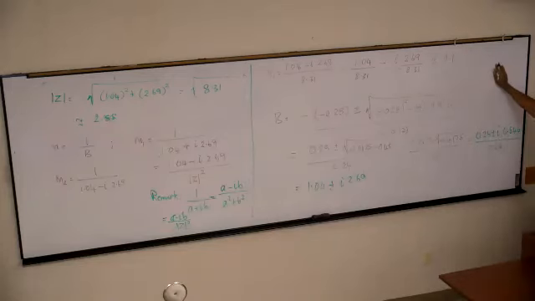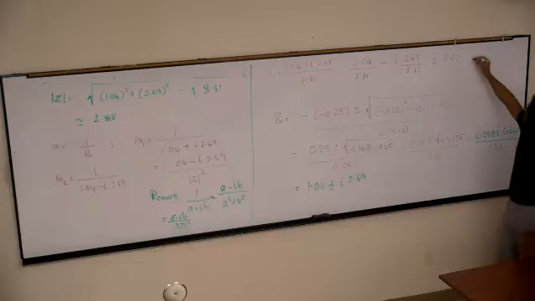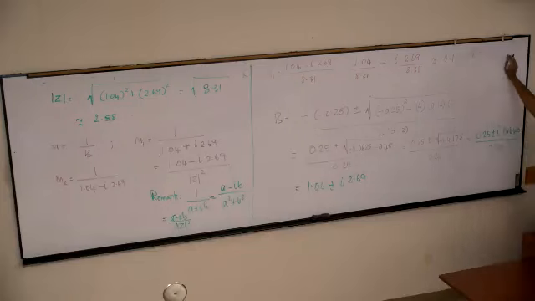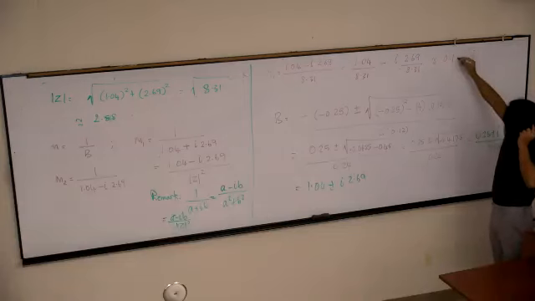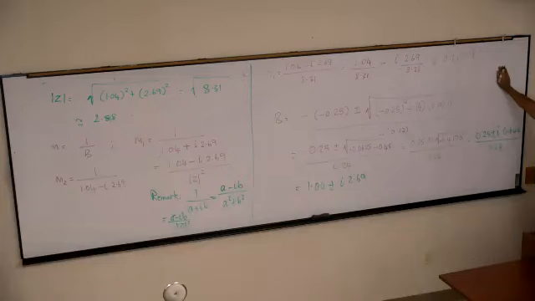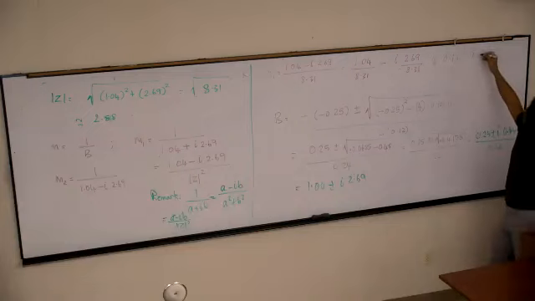You can do it on your own calculator if you want: 2.69 divided by 8.31 is about 0.32.